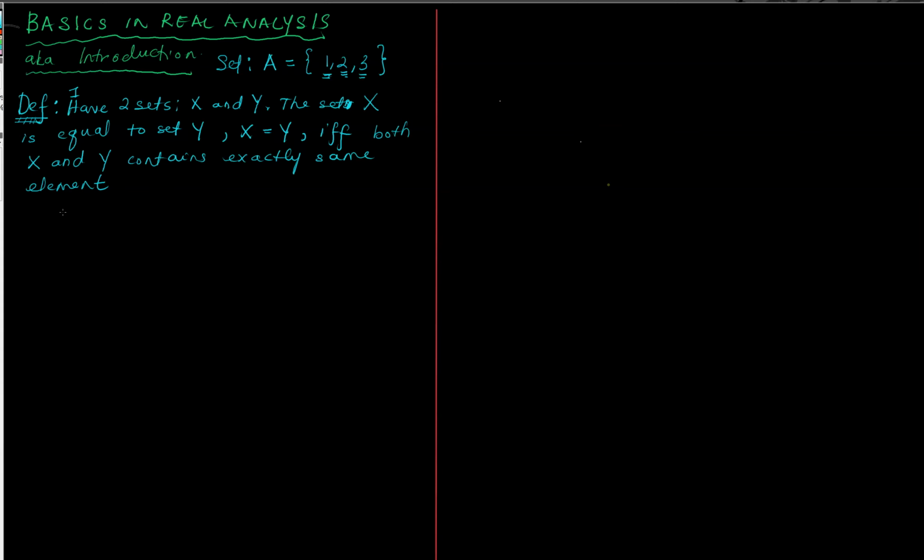Then another definition, which we don't even have to tell you, you should probably know it by heart, is what is the definition of the empty set? Well, it gives it away, right? Suppose you have empty set A. All it means is you have set A equals the set notation with nothing in it, null, nada, nothing.